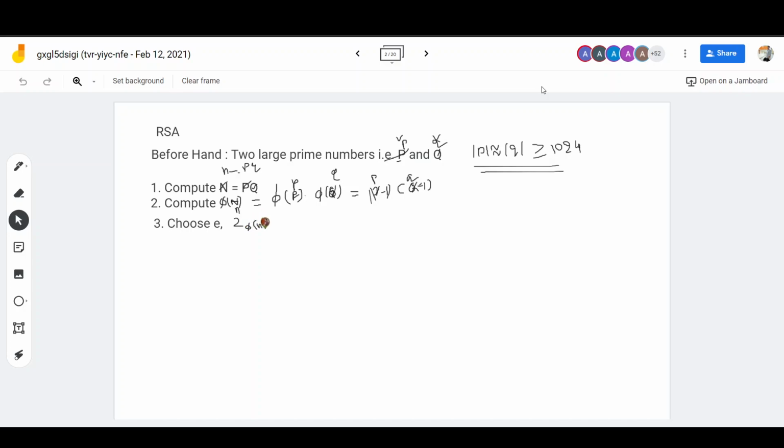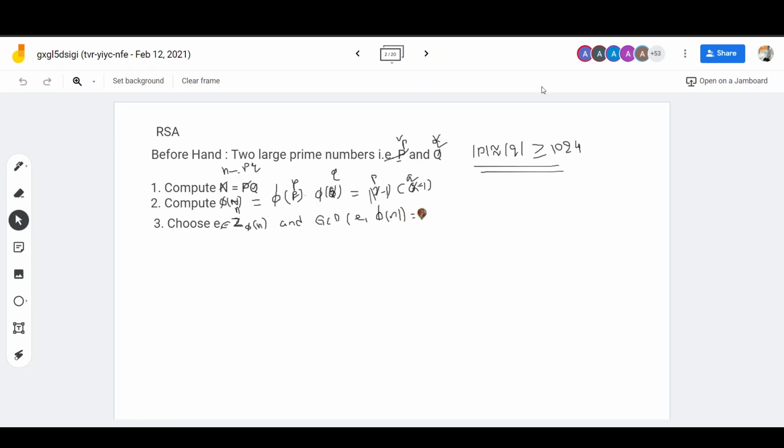That e should satisfy a condition. That condition is GCD of e comma pi of n is equal to 1.